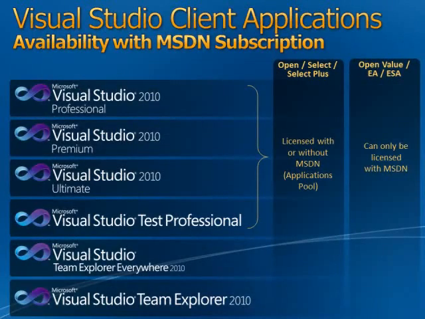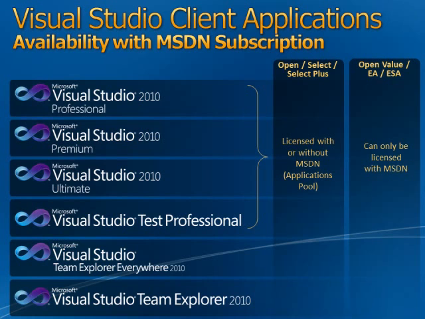When Visual Studio Professional, Premium, Ultimate or Test Professional are purchased through an Open Select or Select Plus agreement, the end customer can decide whether they want to purchase those licenses with or without the MSDN subscription. And you will see here that those licenses do fall into the applications pool in those agreements.